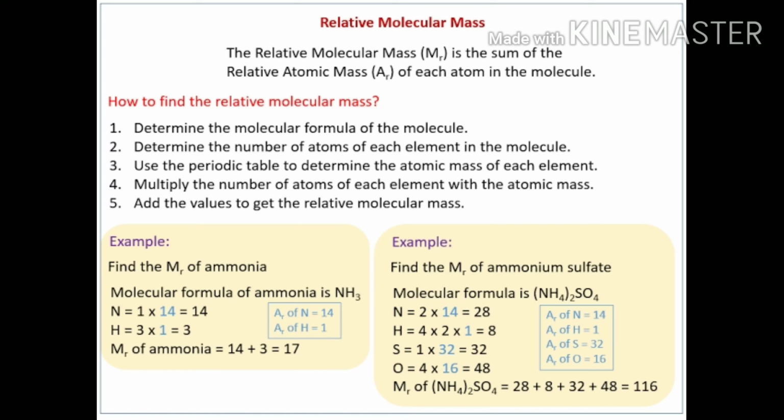Then you add all the values and you get 132 AMU. So the relative molecular mass of ammonium sulfate equals 132 AMU. In this way you find the relative molecular mass. Then you have to practice how to find the relative molecular mass and relative atomic mass. Thank you.